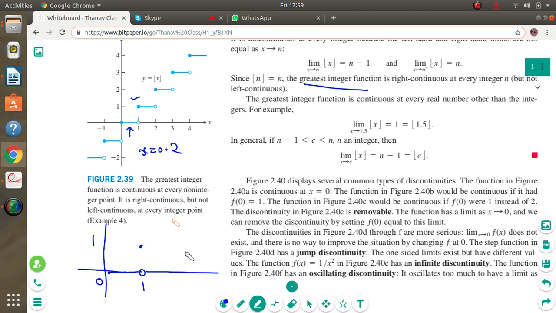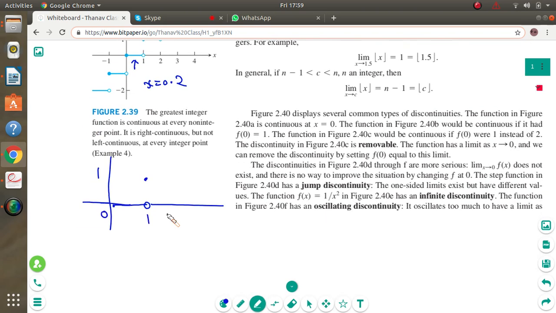Now leave every other integer basically. Let's suppose we talk about x equal to 1. At x equal to 1, what is the value of y?